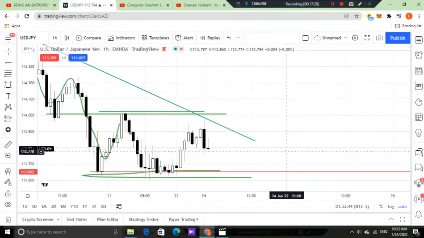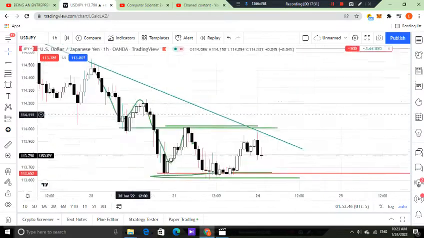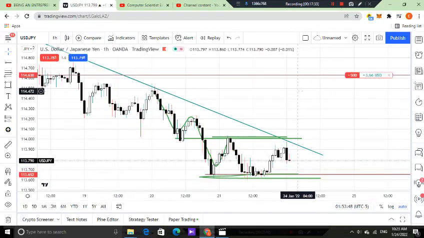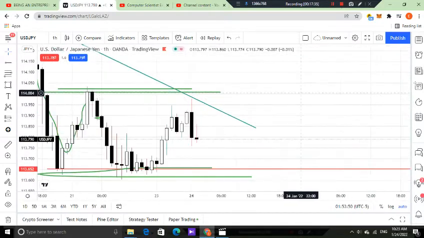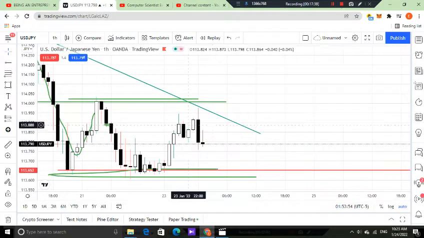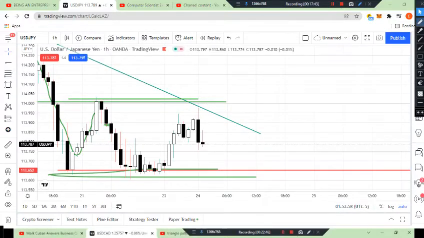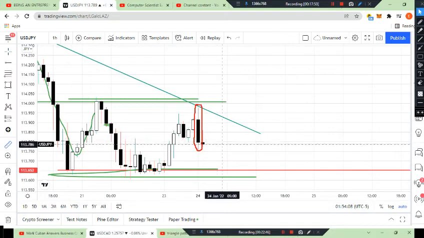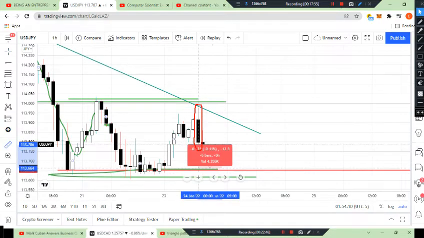I don't know if it's a trading range or it can just break this down, break this up, and reverse itself. But here we see this engulfing bar. You can ignore it. You can't ignore it, and you can trade this and put your take profit at this point.